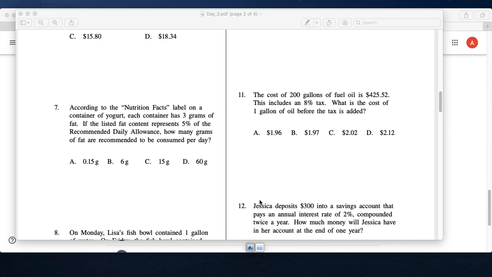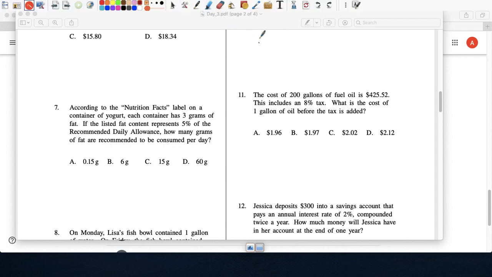Cost of 200 gallons of fuel is, okay, this includes 8% tax. What is the cost of 1 gallon before tax? So, if you think about it, I draw 0% and 100%.